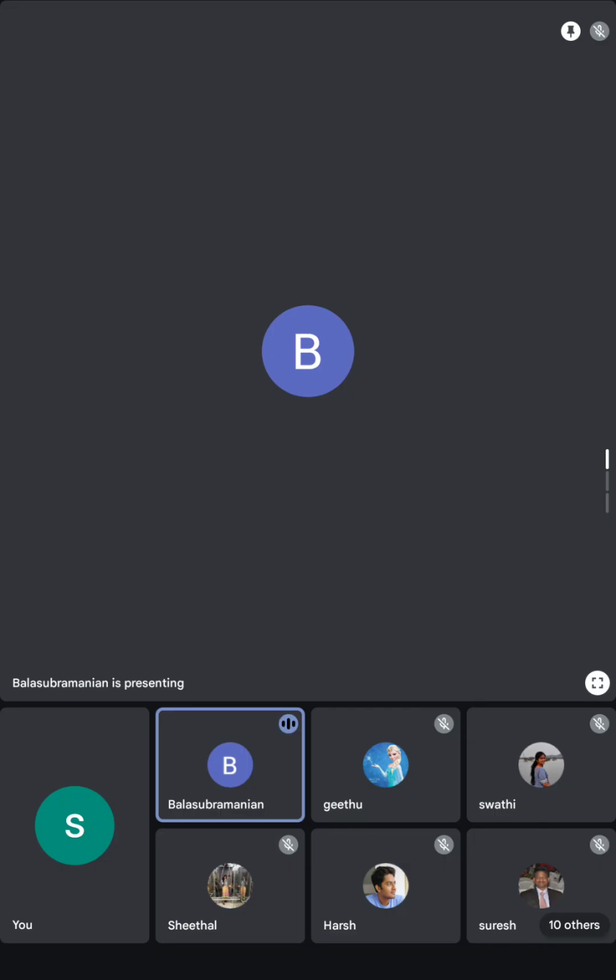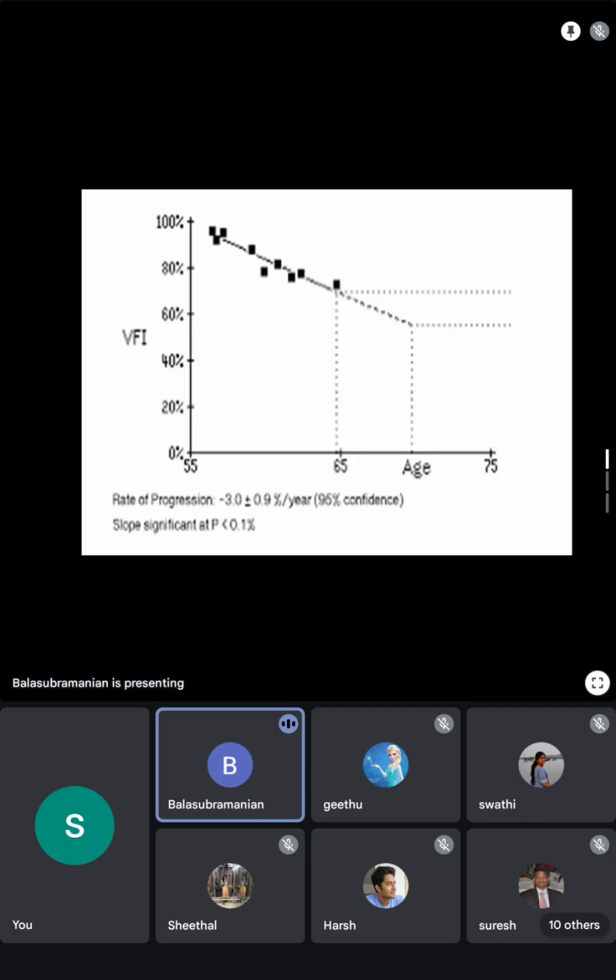Each square is the VFI value of that test. We saw the VFI numbers of each test. For this particular person, for that particular eye, they have plotted one square for each test. Maybe that person had 90% in the first test, 85% in the next test, again 92. So the second test came down a little, went up again, and after some time they repeated. So it has gone up and down.